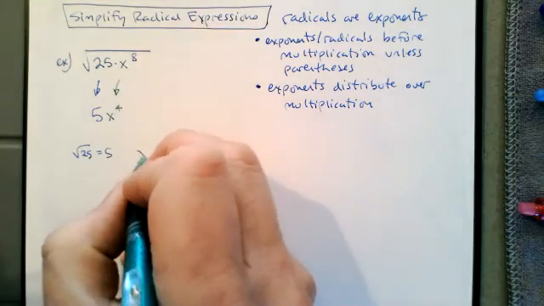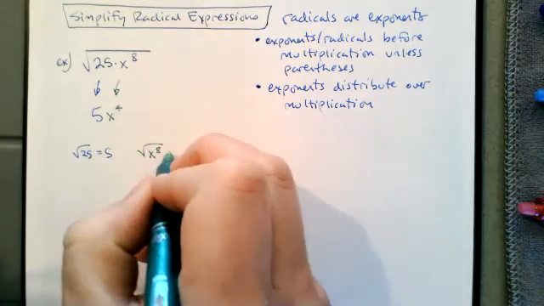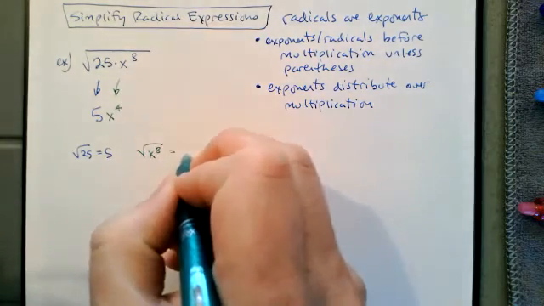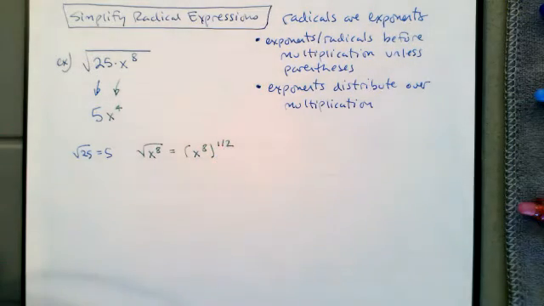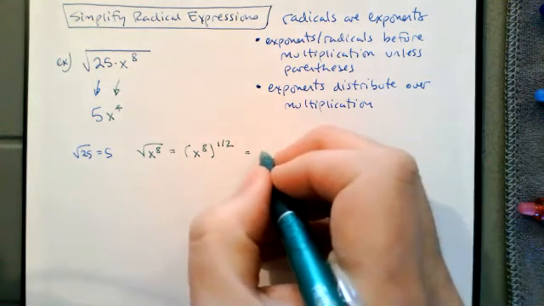If we think about the square root of x to the 8th, this is x to the 8th raised to the 1/2 power. And when we have an exponent raised to another exponent, we can multiply the exponents.